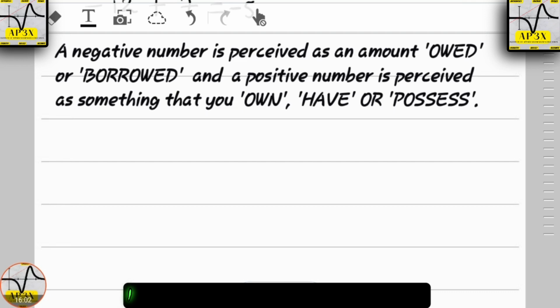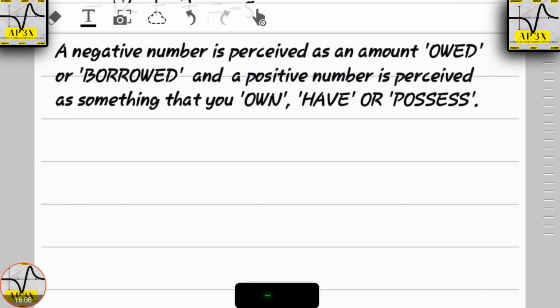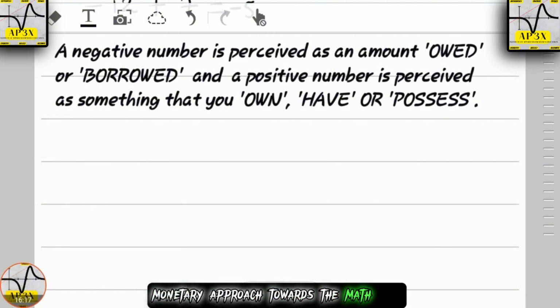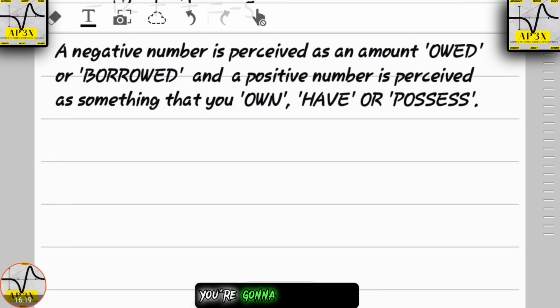I know that a lot of students are very interested in calculating currencies. So if we can take a currency approach, a monetary approach towards the math, then I think you're going to find more consistency in getting the correct results.